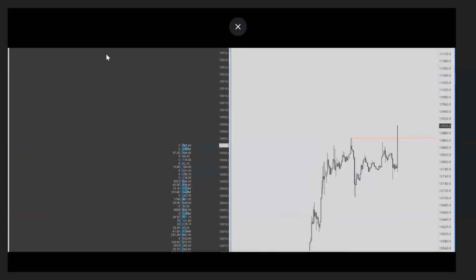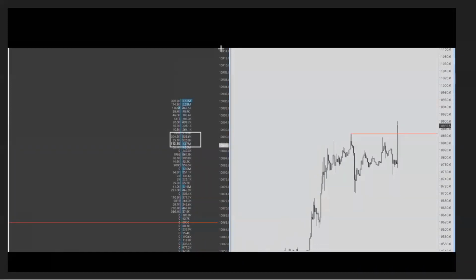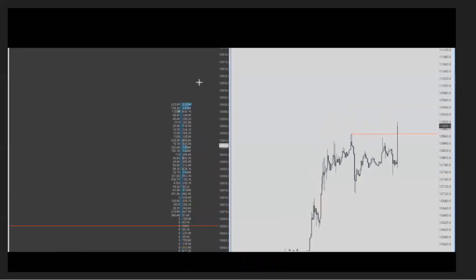There's your stop outs. Nothing particularly significant here, and then over a couple of prices, around 6 million gets absorbed at the high.